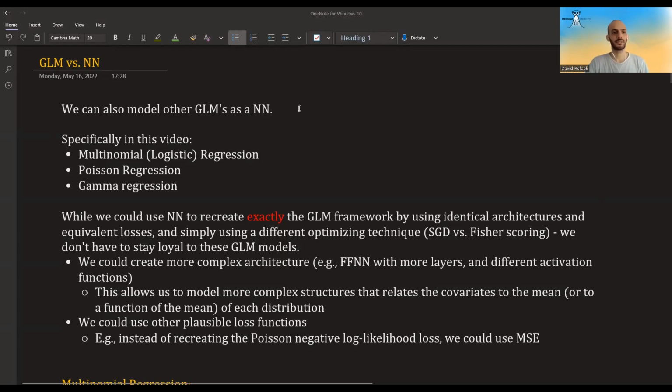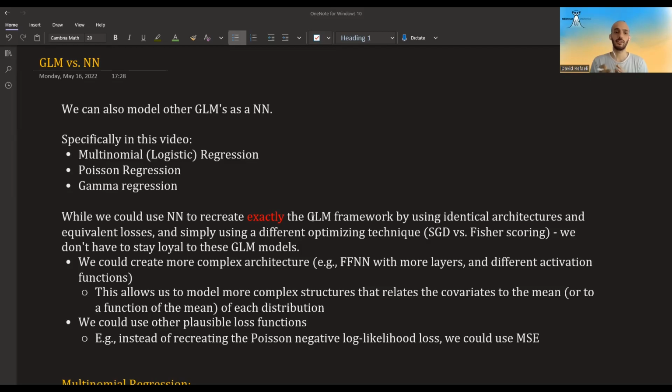So here, in order to complete the picture of GLMs, I'm going to show you three other GLMs that can also be modeled using neural networks: the multinomial regression, the Poisson regression, and the gamma regression. And we can use neural networks to recreate the GLM framework exactly, meaning the neural network will have an architecture that is identical to the model specified in the GLM framework.